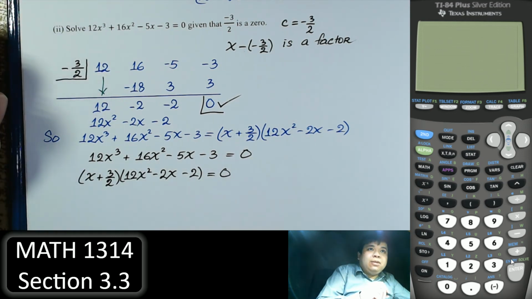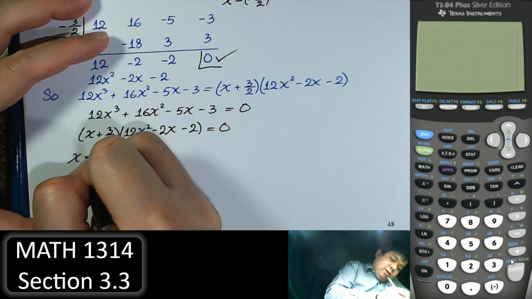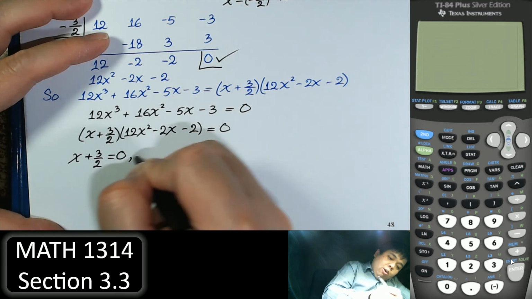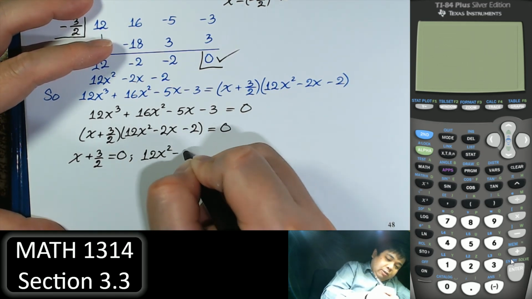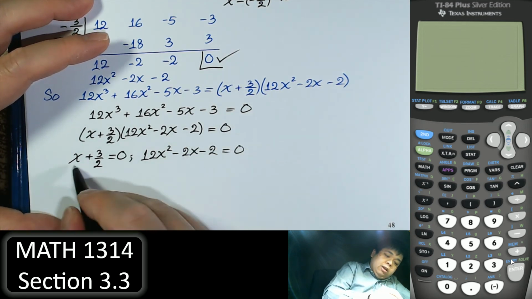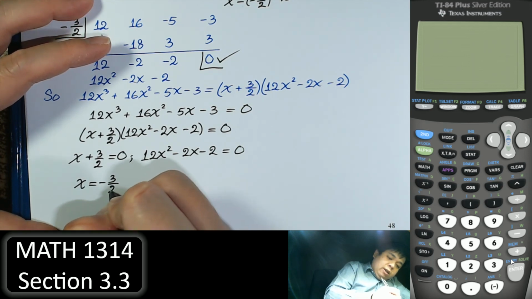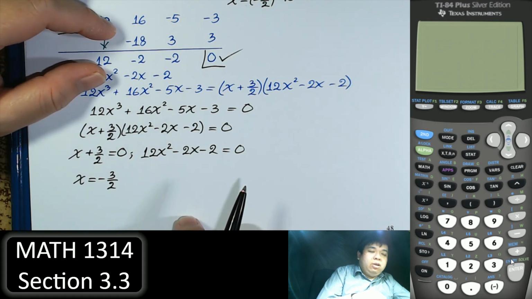Right? Then we just say this equal to 0, or that factor equal to 0. So for x equal to negative 3/2. Of course, we can try to factor here, but I just use the quadratic formula.